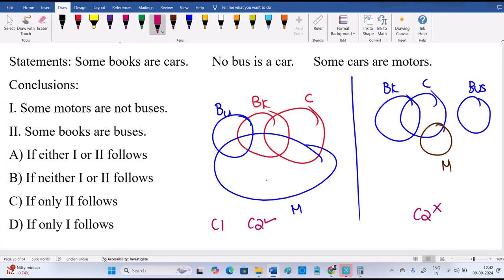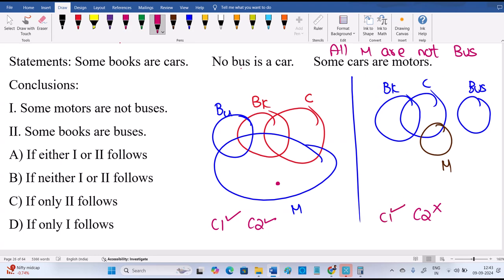Let's see about the first one. Some motors are not buses. Here, this is motor, not involved in bus. Here, all motors are not bus. Whenever all is there, some is correct. Some motors are not bus, we can take.